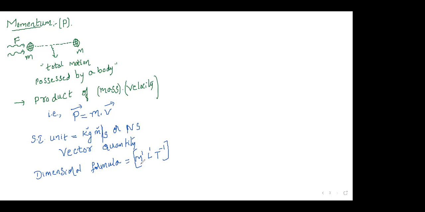Kg meter per second, or you can say Newton second. Is it a scalar or a vector quantity? Vector quantity. What about the dimensional formula? M1, L1, T minus 1.